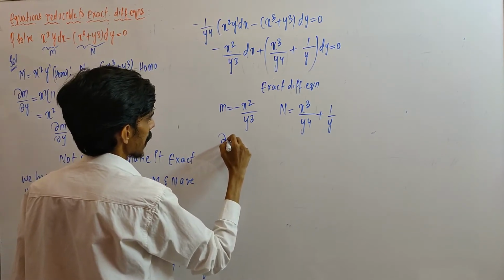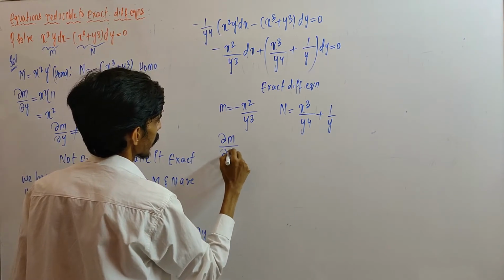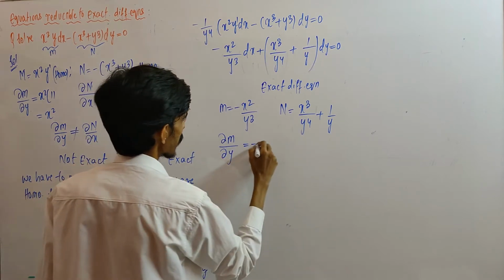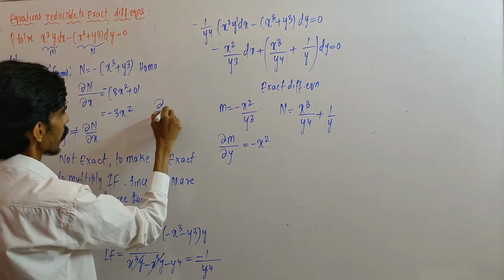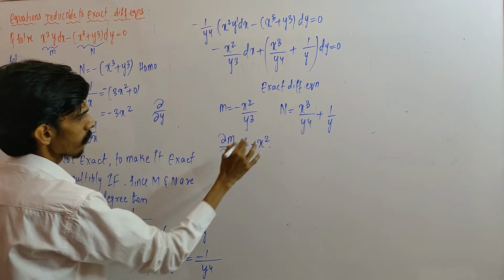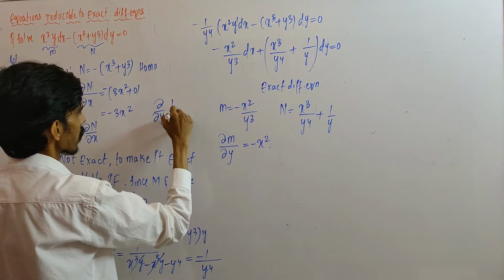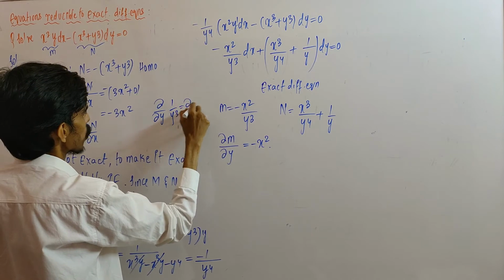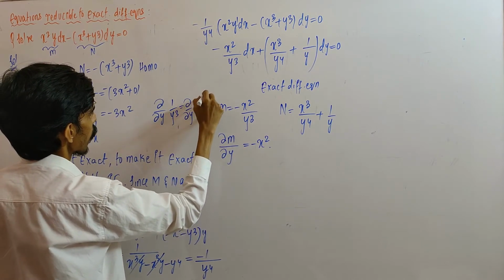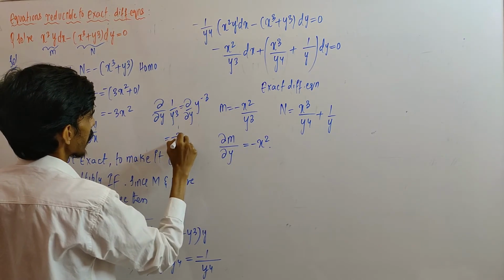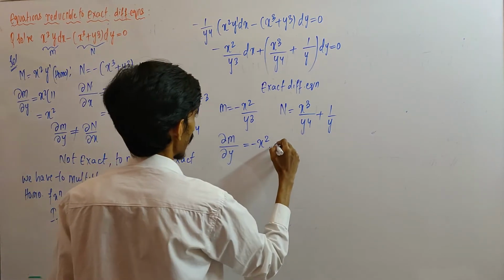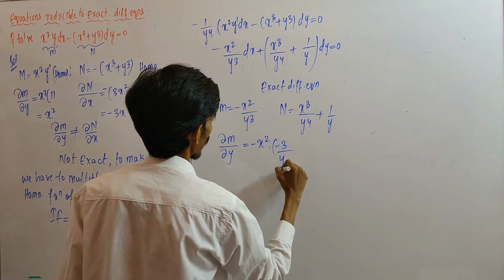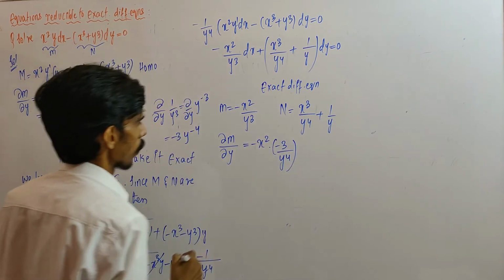Now take the partial derivative of M with respect to y. Here we have minus x square constant. We know that dou by dou y of 1 by y power of 3 can be written as dou by dou y of y power of minus 3. So it will become minus 3 into y power of minus 4. So here I will get minus 3 upon y power of 4.